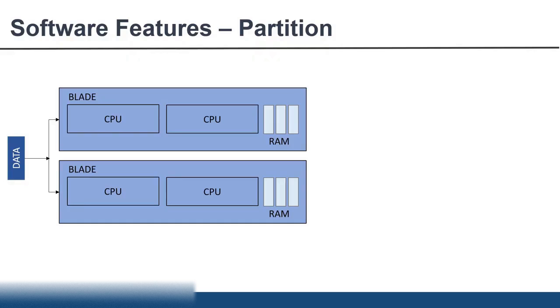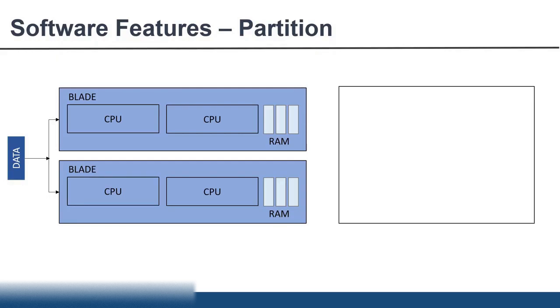In HANA you have learned that the CPU has multi-core architecture, which means the CPU has multiple blades. If you have multiple columns, each blade of the CPU will pick up each column of the table, and each blade will work on its column simultaneously and independently, which helps you achieve massive parallel processing.